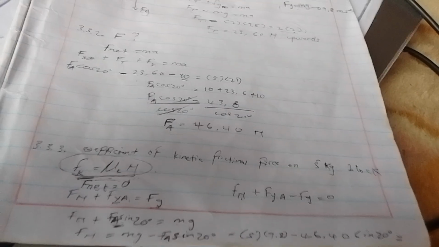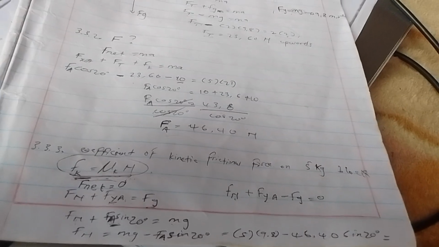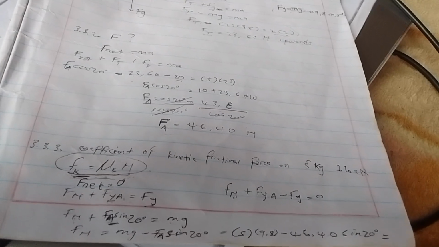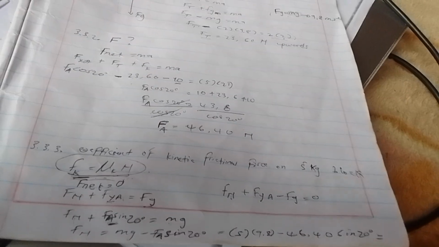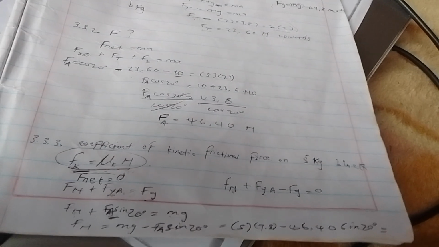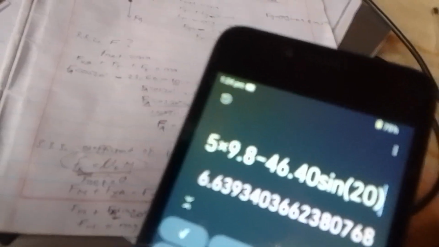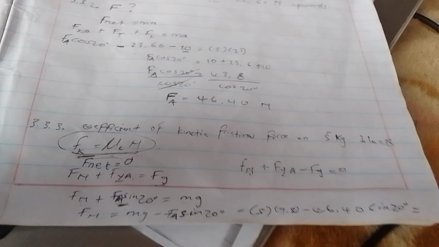It's 5 multiplied by 9.8, minus 46,40 sine 20. I don't even know if this is the right one because I'm using this phone calculator.